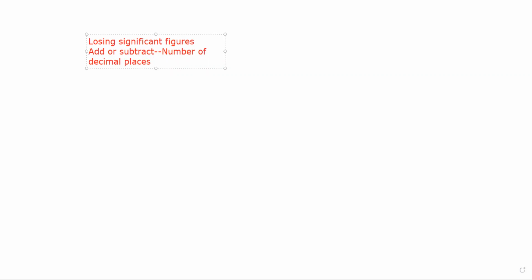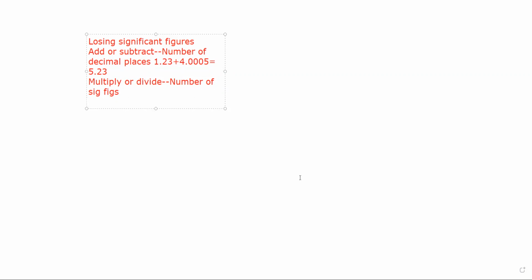So if I add 1.23 plus 4.0005, my answer is going to be as significant as my least significant input. So it's going to be 5.23. And I only have 3 significant figures. Versus if I multiply or divide, my number of significant figures is equal to the number of sig figs on my least precise one.